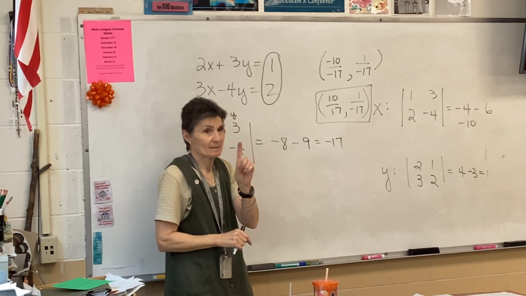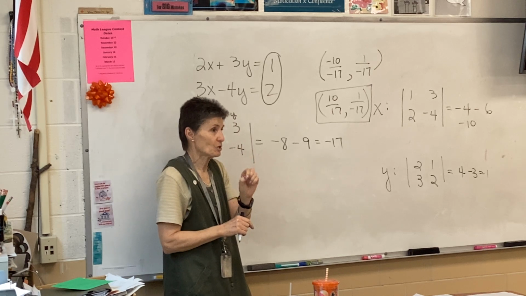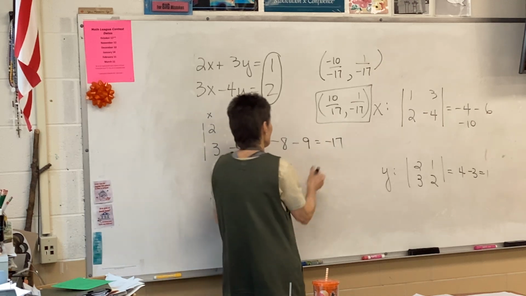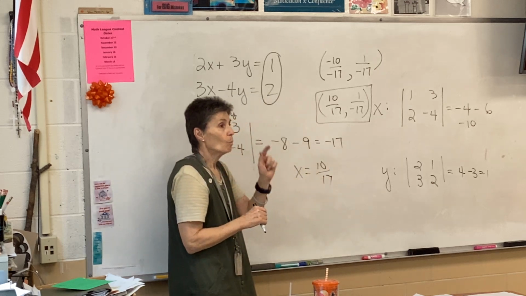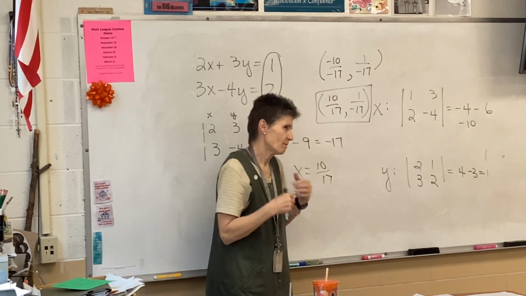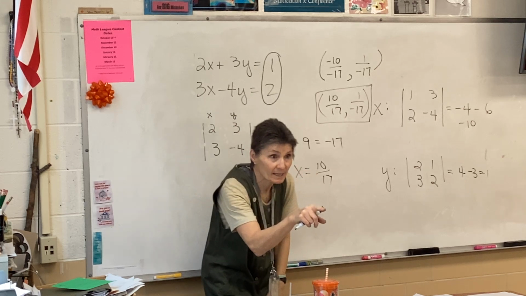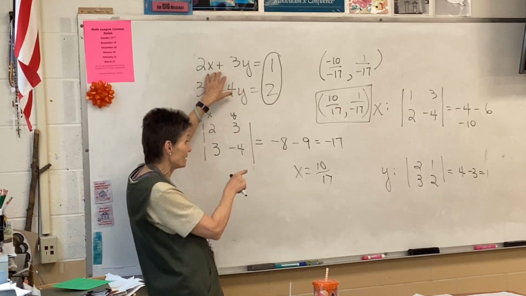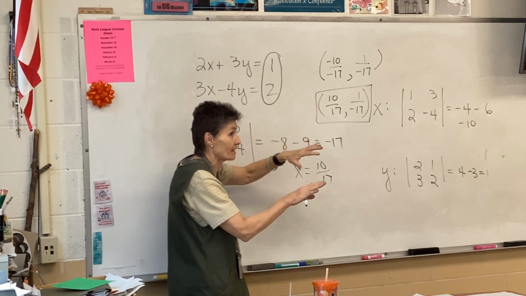But I want you to think about something. If you had been doing substitution or elimination, I love to eliminate. I would have eliminated, and I would have gotten x equals 10/17. What do I have to do after that? If I'm doing elimination or substitution, I've got to put it back in. Oh, Lord. Now I'm putting back in 10/17, and I'm dealing with that arithmetic.